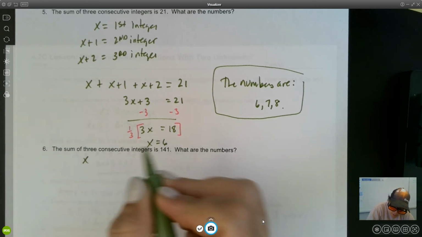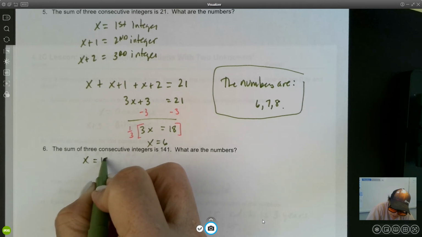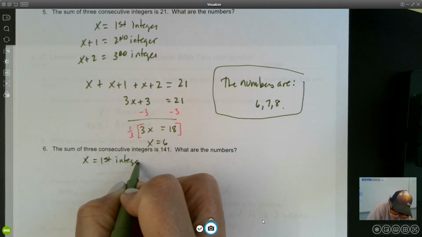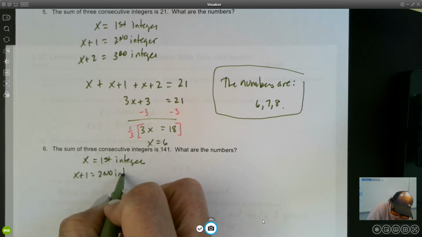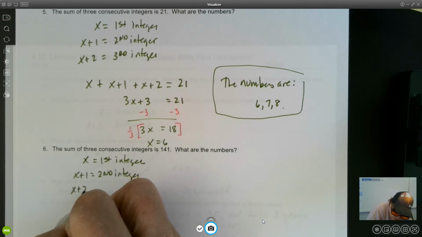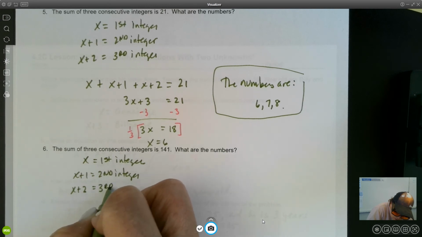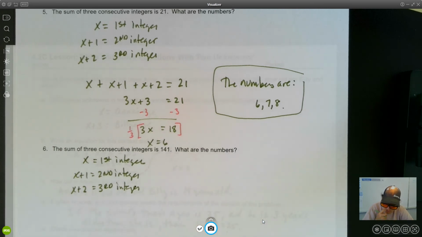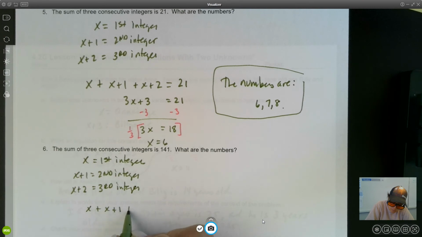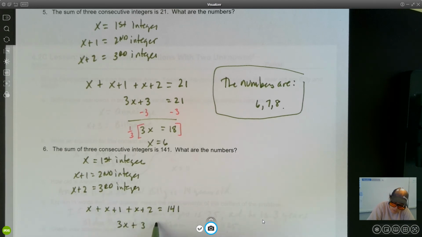All right, the sum of 3 consecutive integers. X is the first integer. X plus 1 is the second integer. X plus 2 is the third integer. Okay, so we've got x plus x plus 1 plus x plus 2 equals 141. 3x plus 3 equals 141.